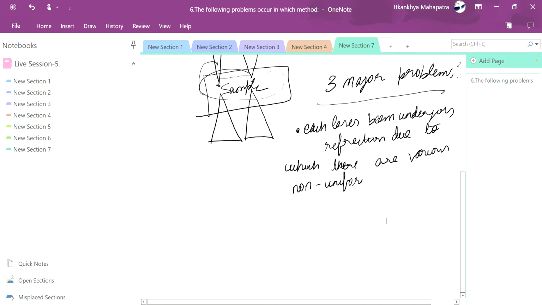Second problem is, two laser beams moving at high speed must be focused to a very small and accurate point of intersection.